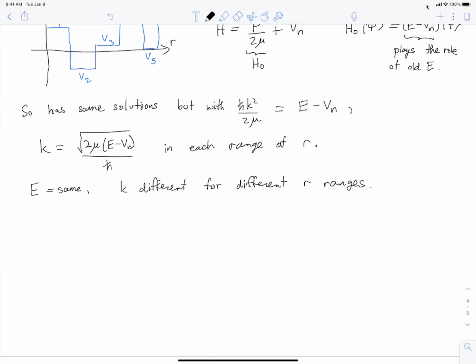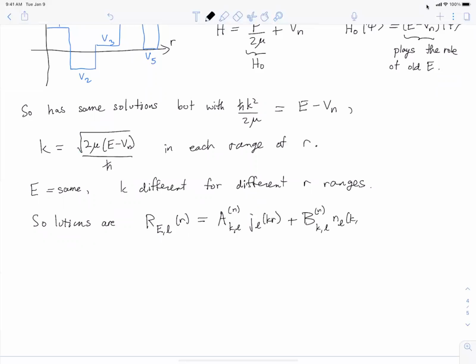Okay, so the solutions, therefore, for the radial part of the wave function, depend on the energy and the angular momentum. And there are going to be some coefficients. And there's A-type solutions, I'll label them by n for the different V's, times j_l(kr), plus B-type coefficient solutions for the Neumann functions.